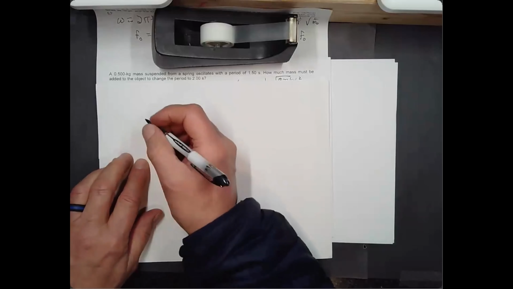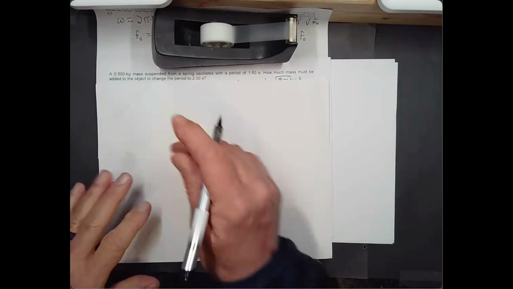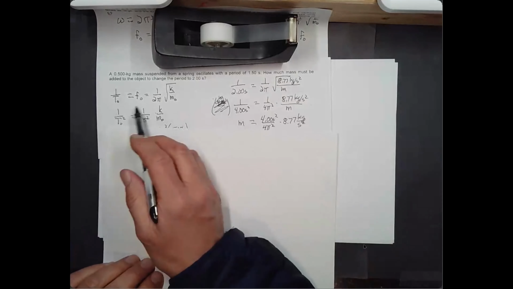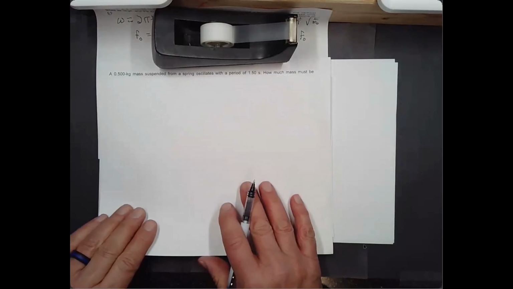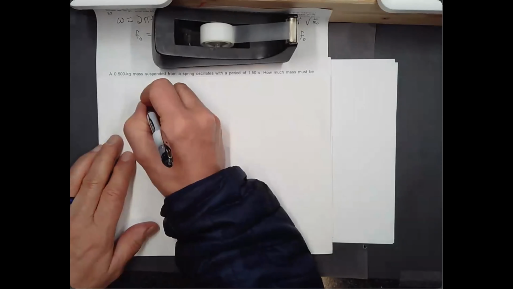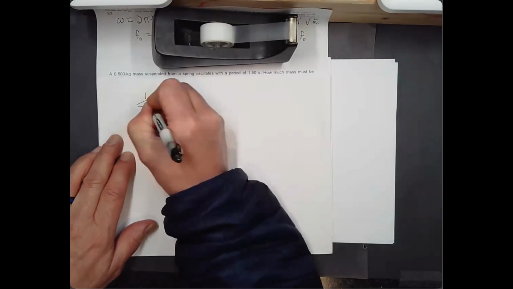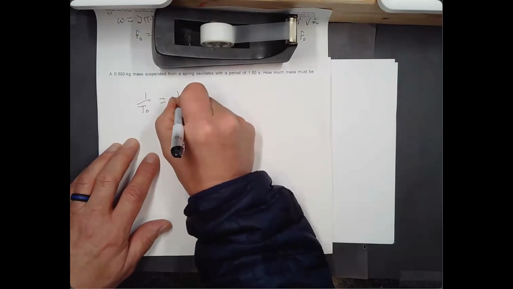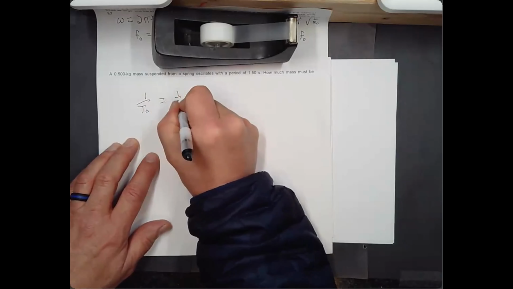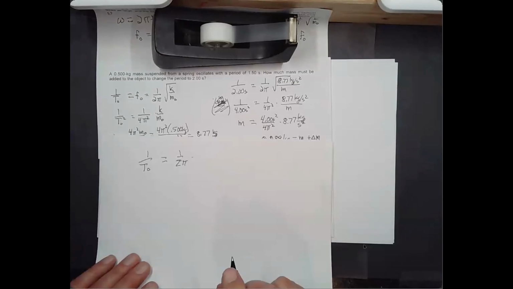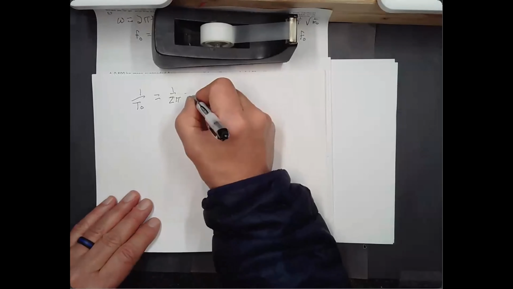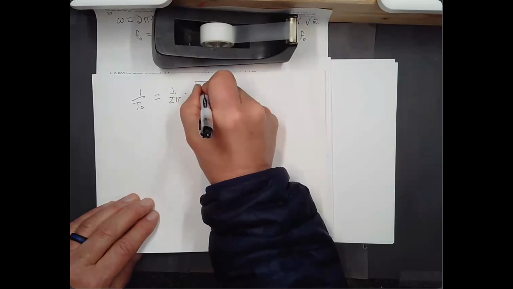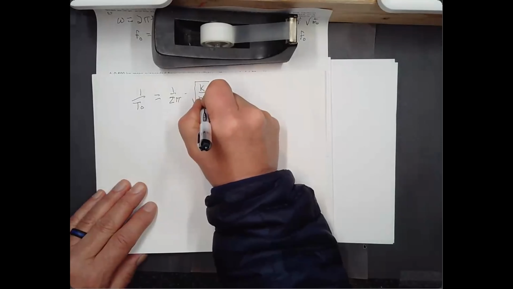Here's the thing. I'll go with that equation. 1 over T naught is going to equal 1 over 2 pi times the square root of K over m naught.